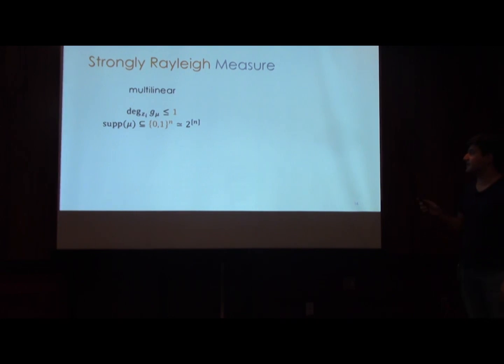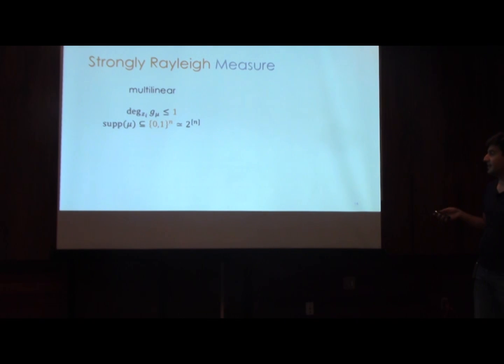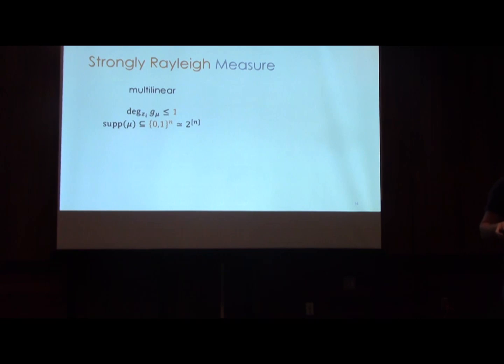So here is where I'm giving the definition of strongly Rayleigh measures. The measure we just saw is not strongly Rayleigh because of a technicality. So I'm going to require a strongly Rayleigh measure to be supported on {0,1}^n.